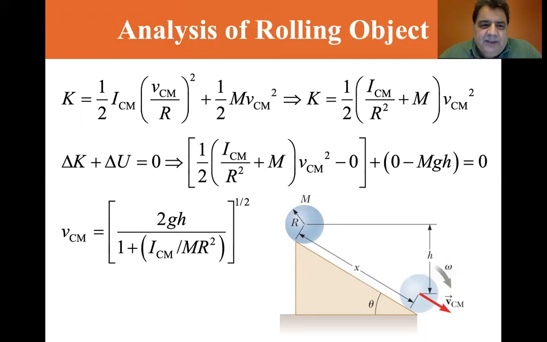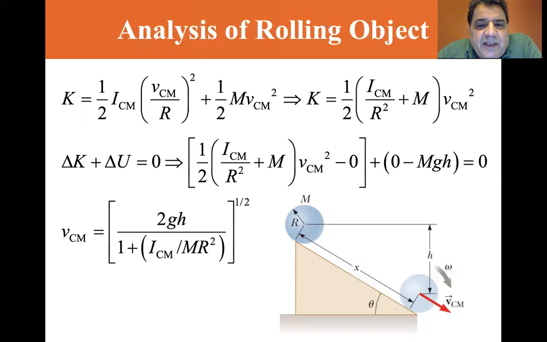Now we divide by the 1/2 (I/r² + m), we changed it to 1/2 (I/mr² + 1).